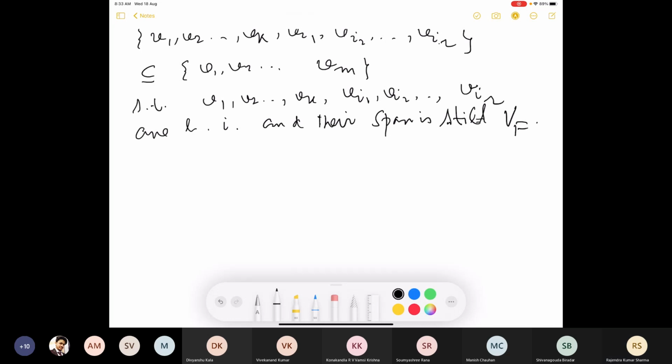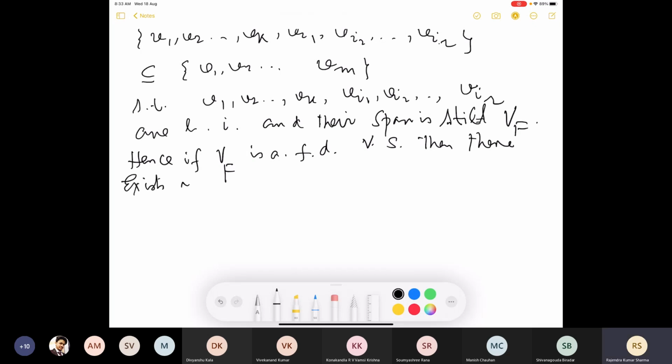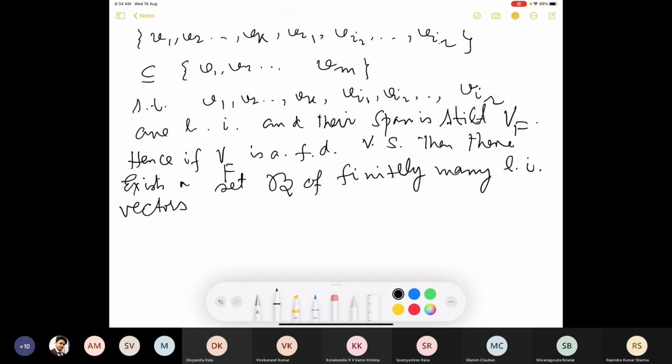So what we can find out is that if V over F is a finite dimensional vector space, then there exists a set, say B, of finitely many vectors, and they are linearly independent, which span all of the vector space we have.